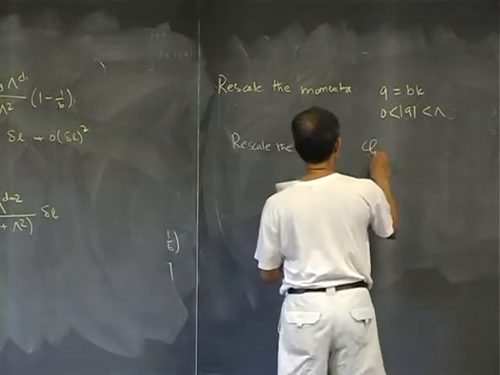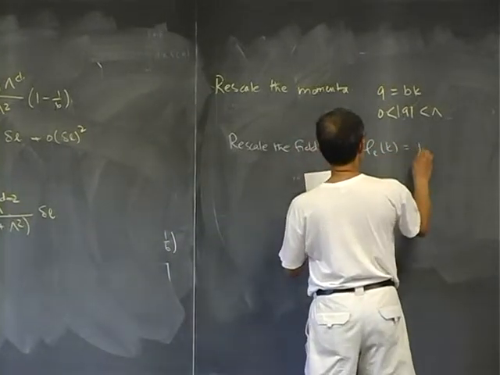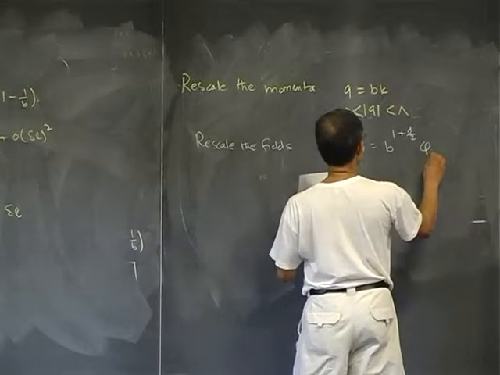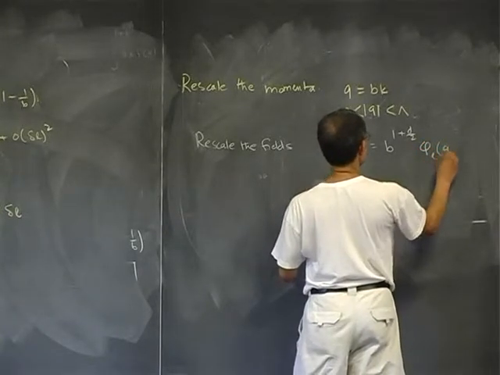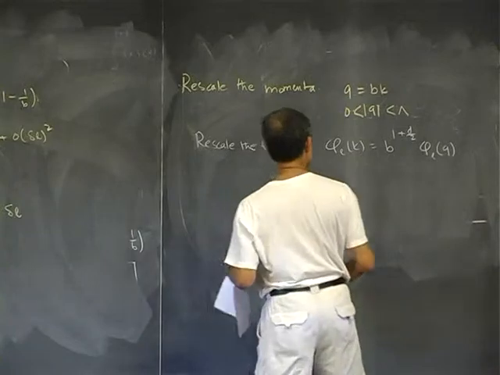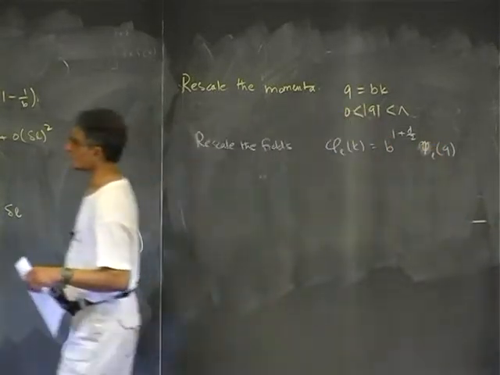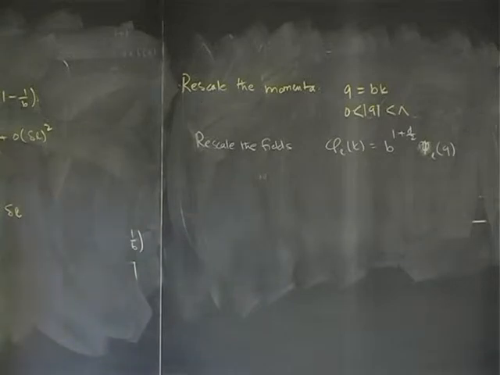by writing phi L of k as b raised to the power 1 plus d upon 2, and then I call phi L of q, or maybe psi L of q. And then I write these two terms.